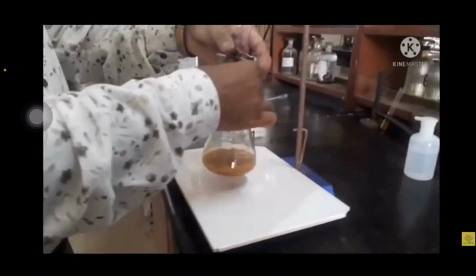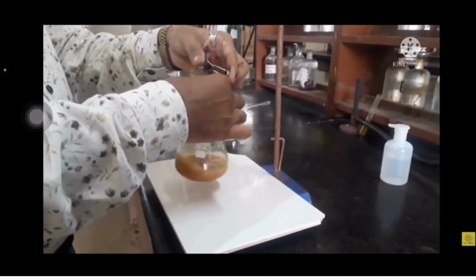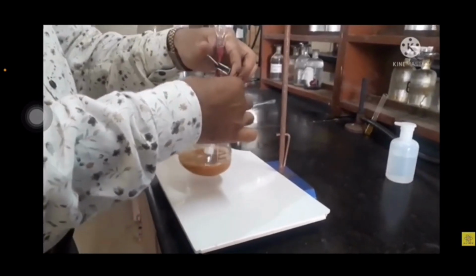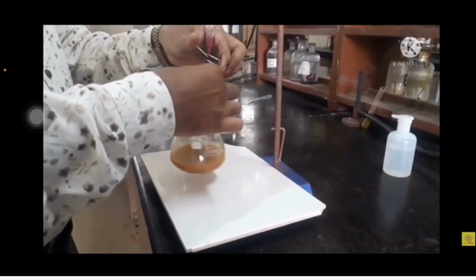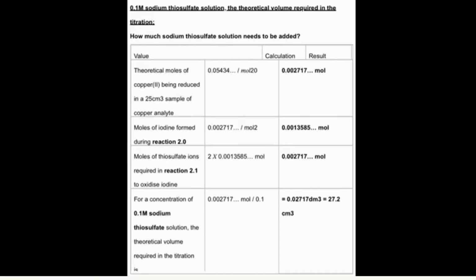On adding sodium thiosulfate from the burette, the aqueous iodine is reacted with, so the brown solution fades to light brown. As we continue titration, we need to swirl the conical flask. As I calculate the theoretical volume for sodium thiosulfate, it requires 27.2 cm³.